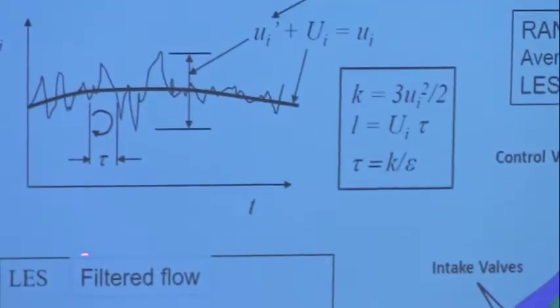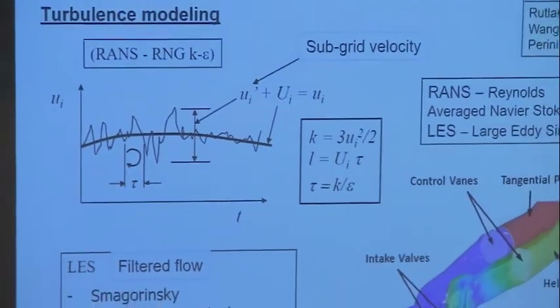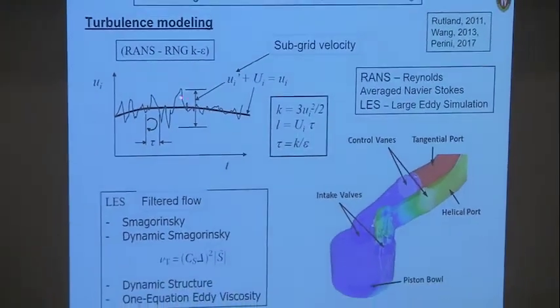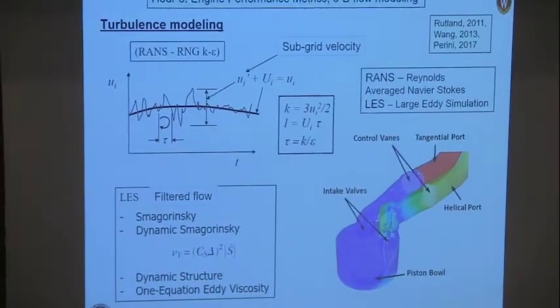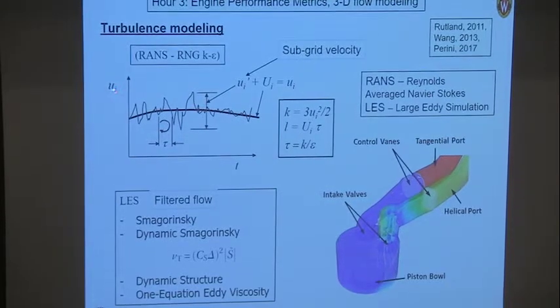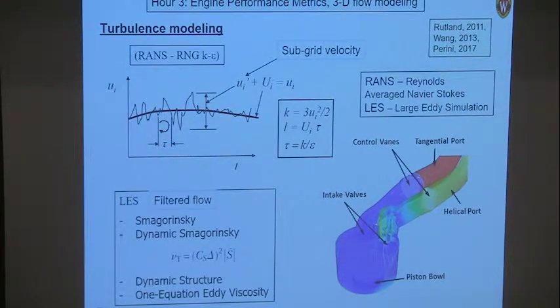Just one slide here about turbulence modeling. There's kind of two schools of thought, the Reynolds averaged Navier-Stokes approach and the large eddy simulation approach. Essentially what they're saying is, if I look at a point in the combustion chamber and I measure the velocity as a function of time in one coordinate direction, let's say ui, I'll get this fluctuating curve here.